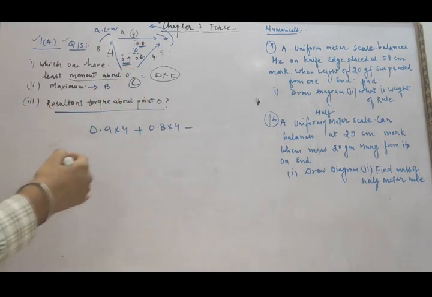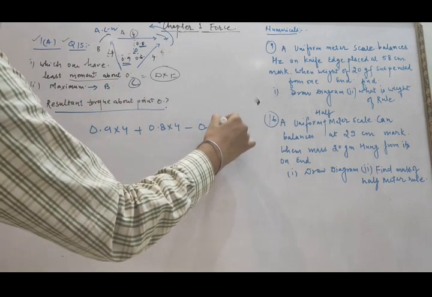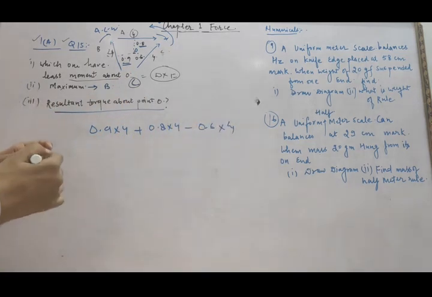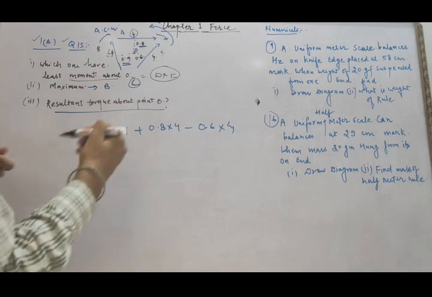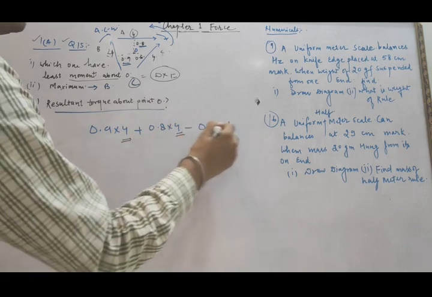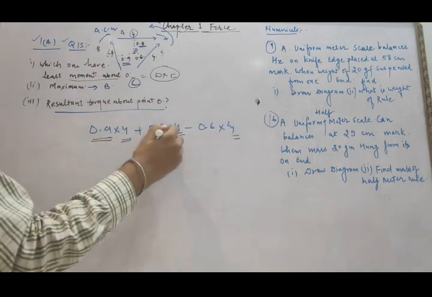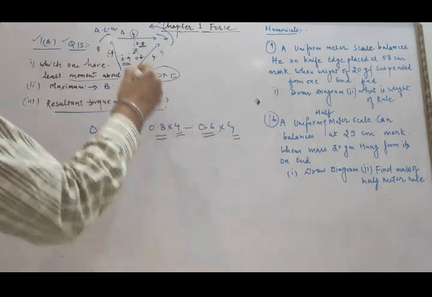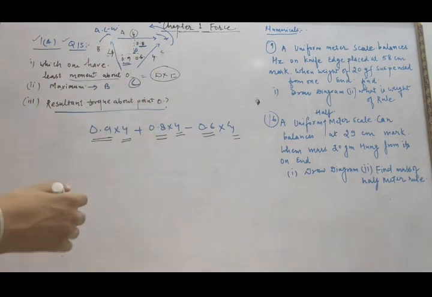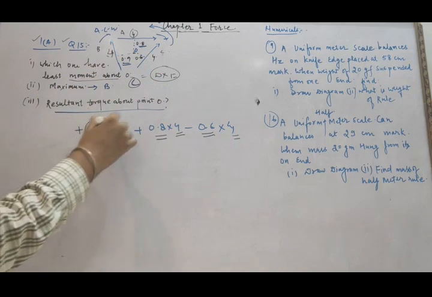We need to determine the resultant torque now. So 0.6 into 4. This value of 4 represents the value of force. This represents the distance away from the axis of rotation, or away from the O. So why have we taken this as positive?